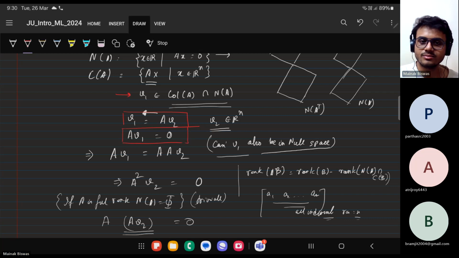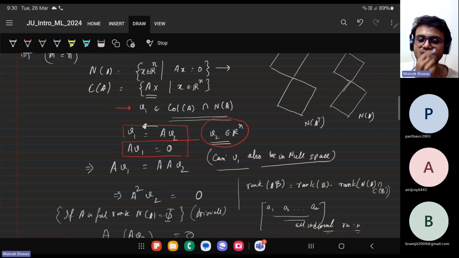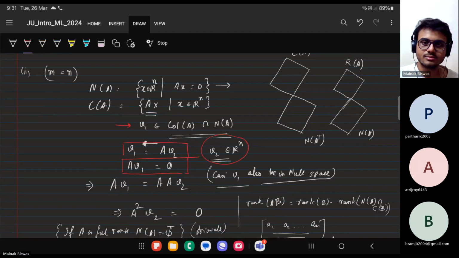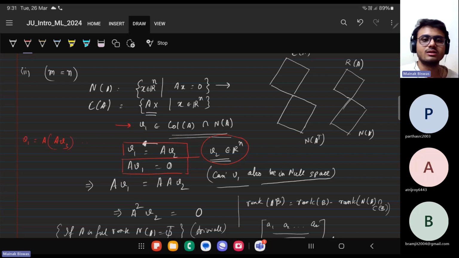Do you agree? Yes. Good. Now this becomes a recursive problem. This V2, is it in the column space or not? If it is, I can write it as A V3, some other V. And this will go on forever.